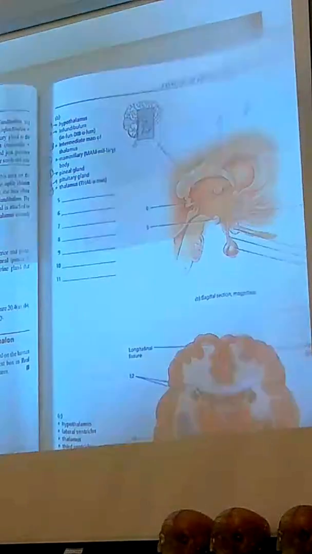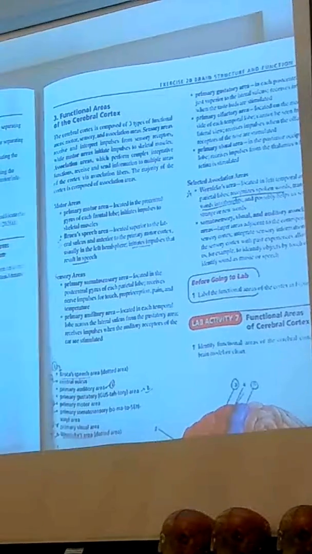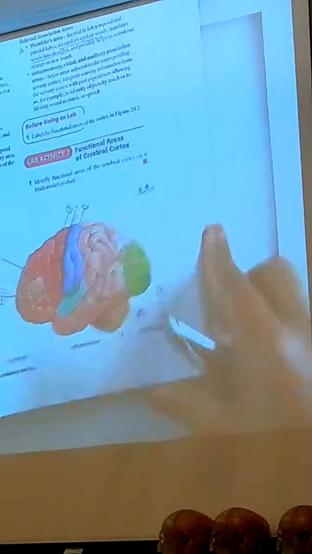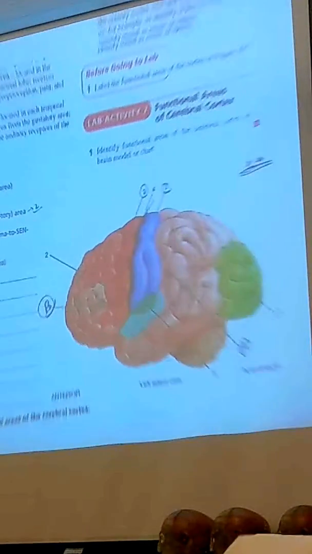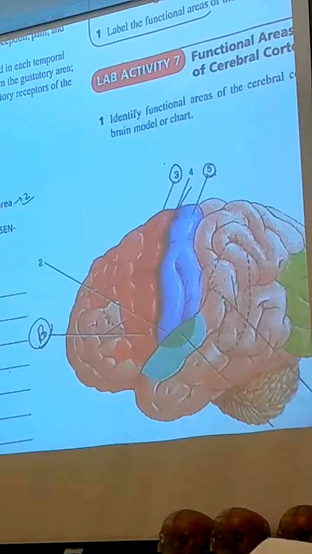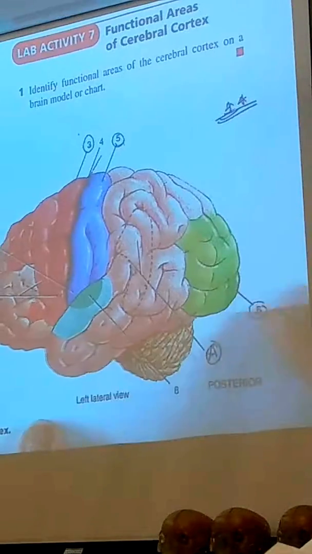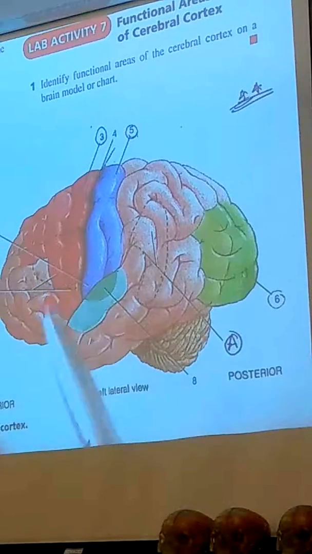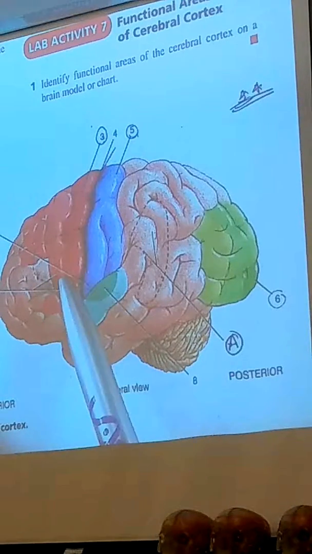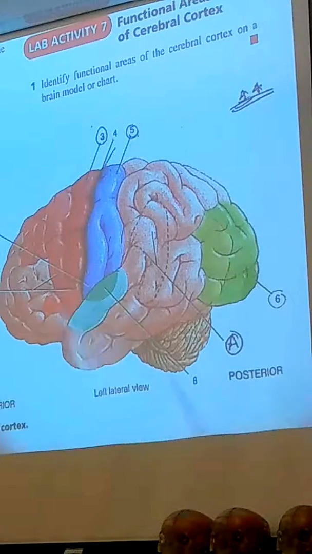Besides this brain model, you will have this picture. The only picture that comes from this is the functional areas in the cortex. Like what is this? Number one, that is Broca's speech area. What is this?